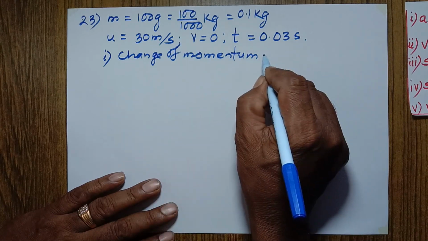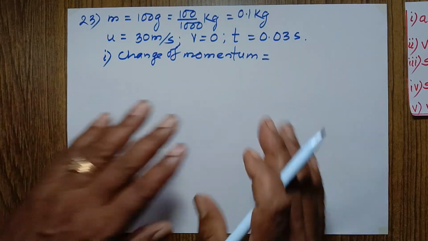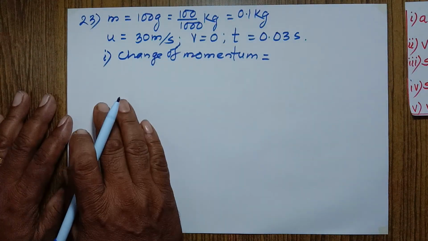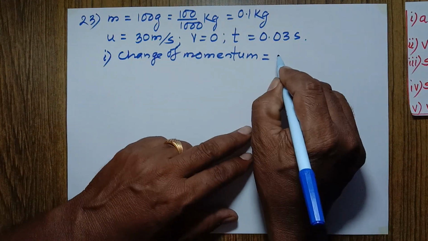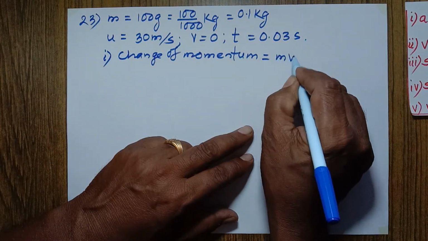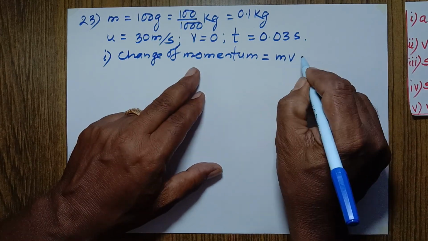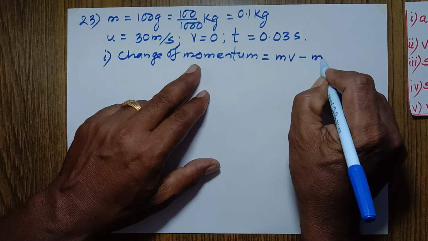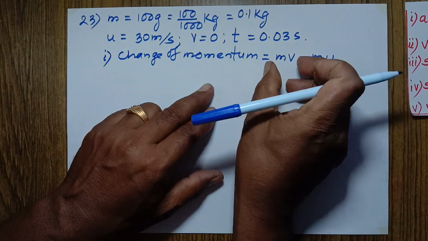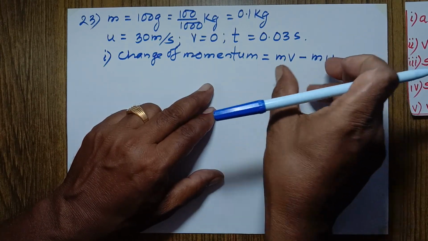And change of momentum means final momentum minus initial momentum. Final momentum means mass into final velocity, minus initial momentum, which is mass into initial velocity.